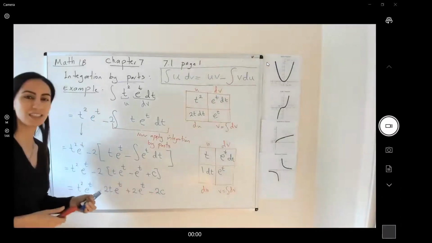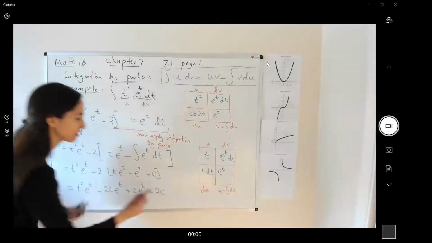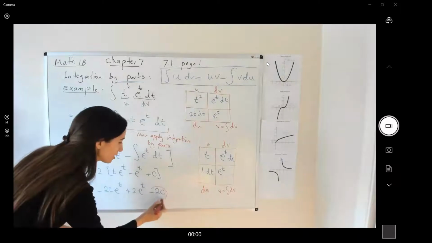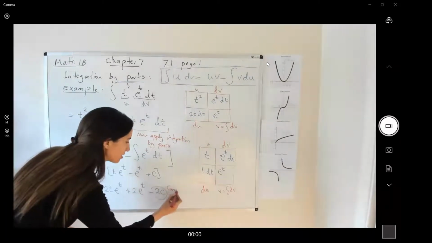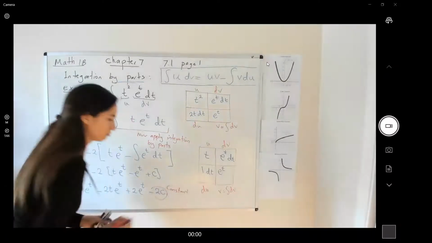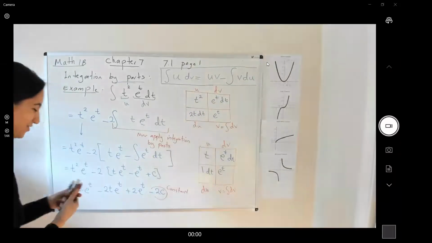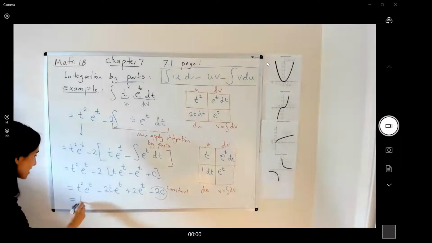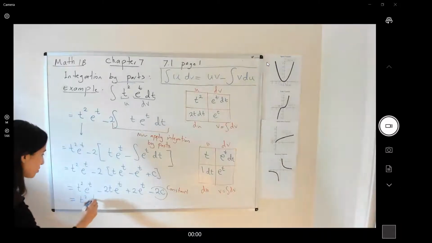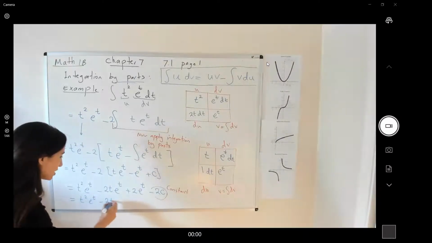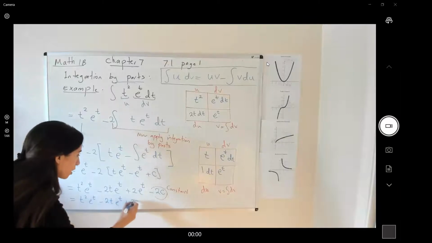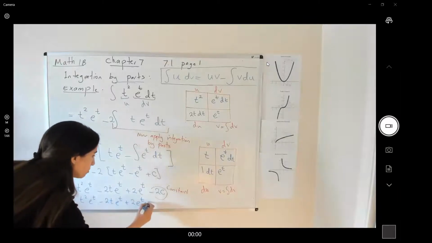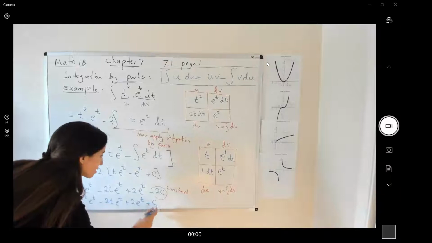Minus 2c is just a new constant, call it c sub 1. So you can write this as t squared e to the t minus 2t e to the t plus 2 e to the t plus c sub 1.